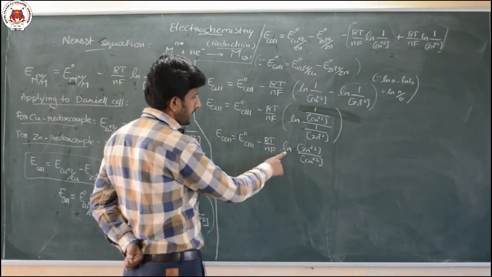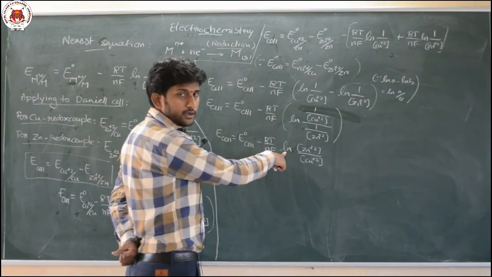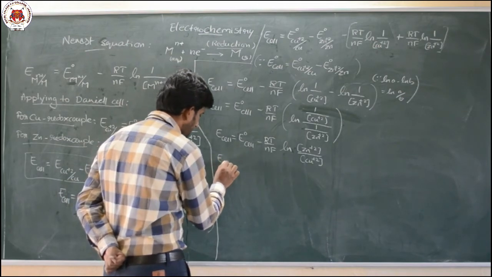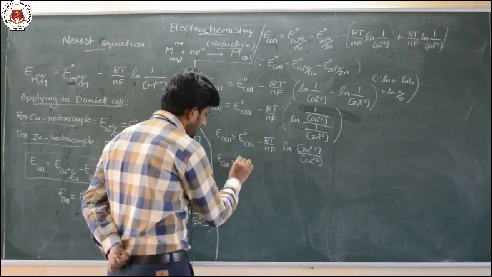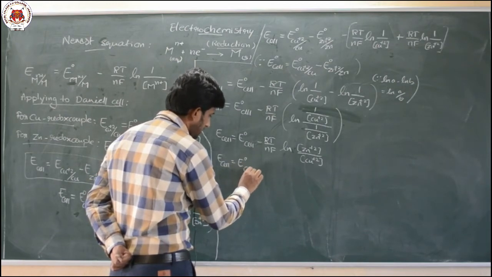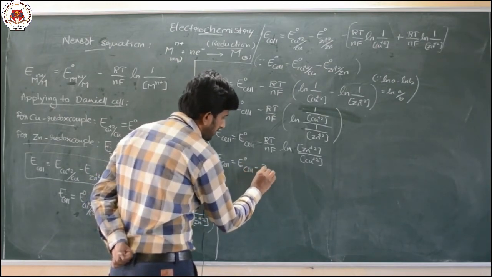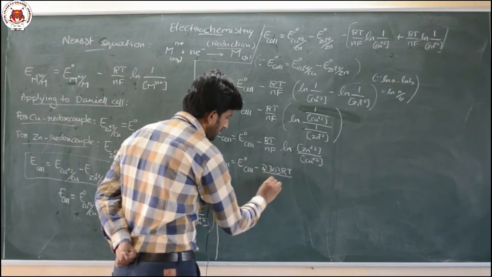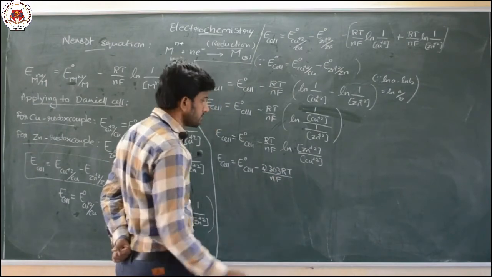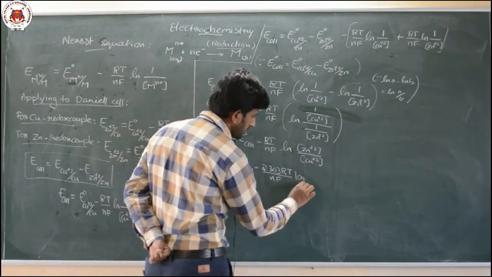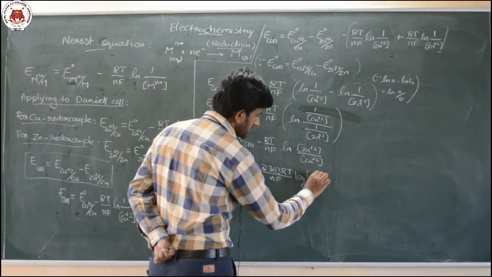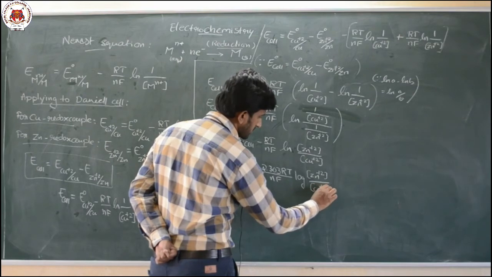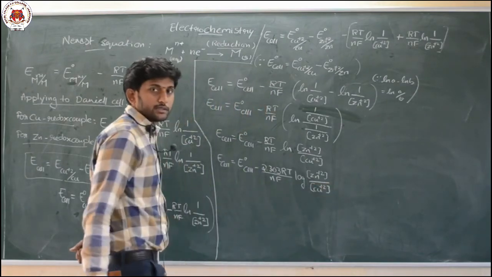Now, if I convert ln to log base 10, the equation can be written as E cell is equal to E naught cell minus 2.303 RT by nF log Zn plus 2 concentration by copper plus 2 concentration. We can write like this.